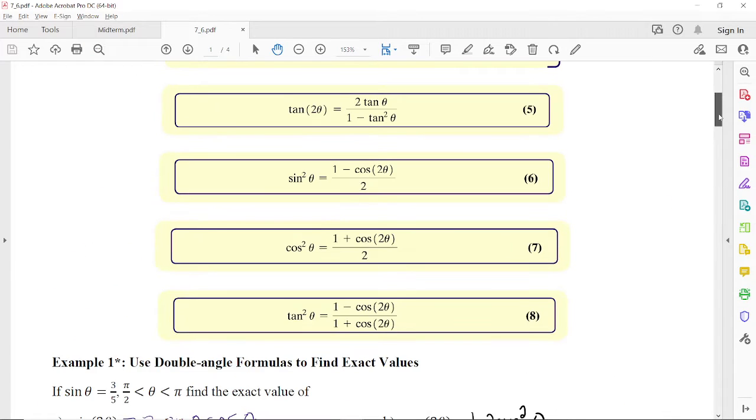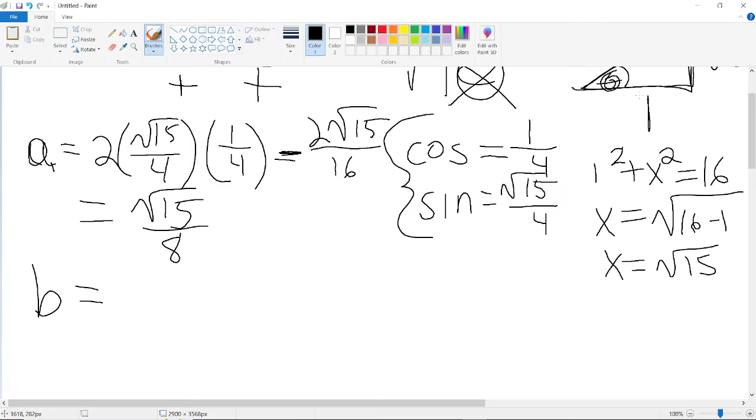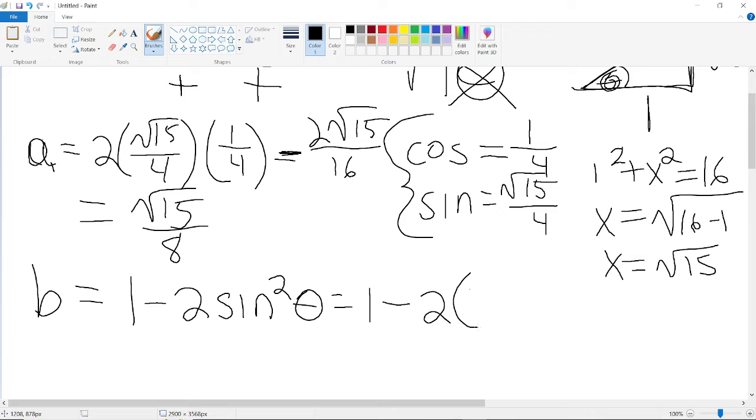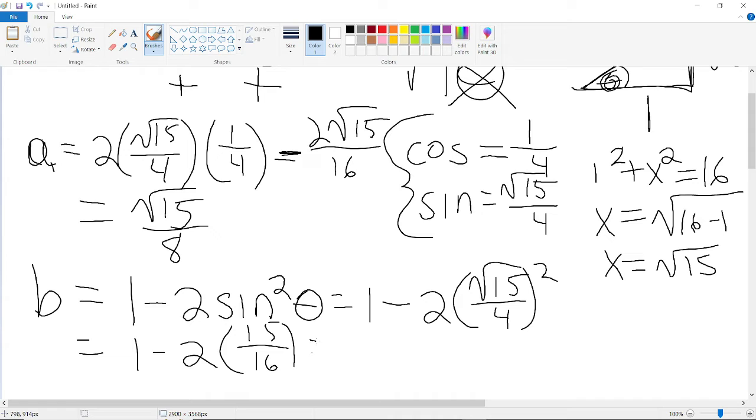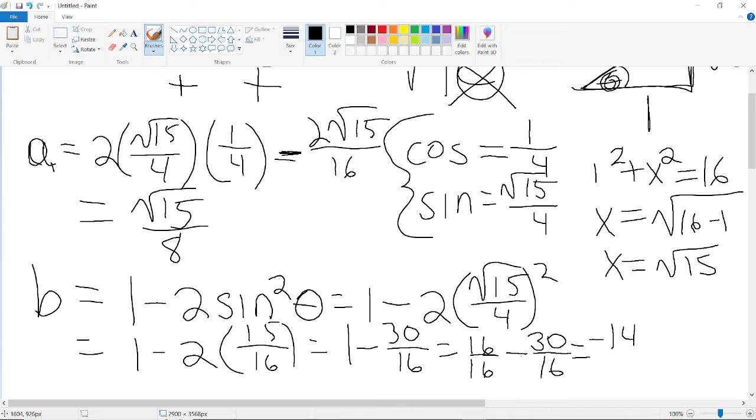I'll use 1 minus 2 sine squared theta. 1 minus 2 sine squared theta equals 1 minus 2 times square root 15 over 4 squared, and that equals 1 minus 2 times square root of 15 squared is 15, over 4 squared is 16, equals 1 minus 30 over 16 equals 16 over 16 minus 30 over 16 equals minus 14 16ths equals minus 7 eighths. I'm dividing both by 2.